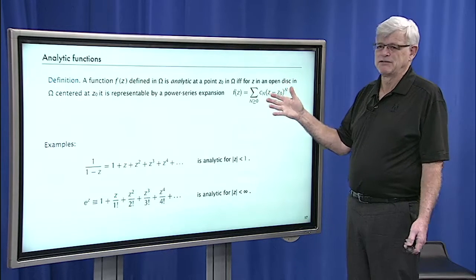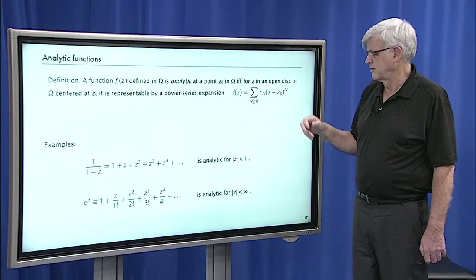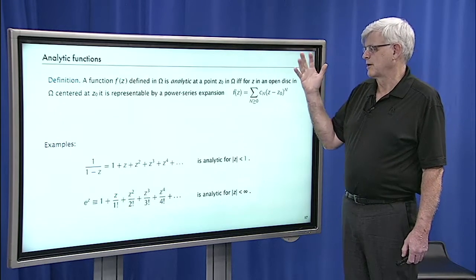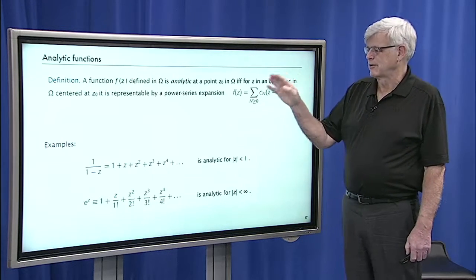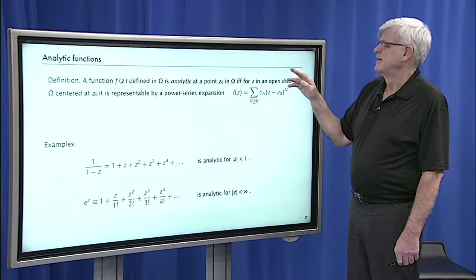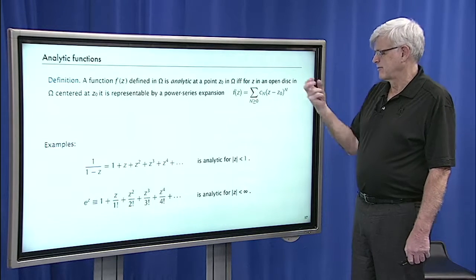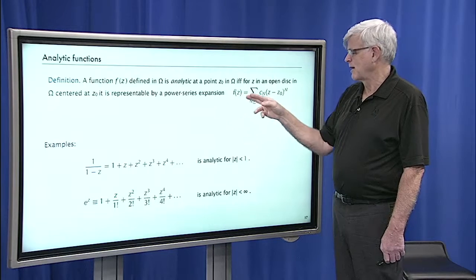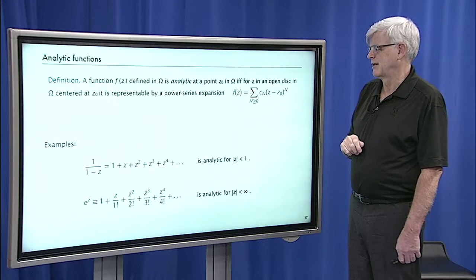We have the same concept in the reals with Taylor series and so forth. So we talk about omega being a region in the plane, and a function being defined in a region of the plane, and it's analytic at some point in that region if, for some little circle around that point, you can write a power series expansion of the function.